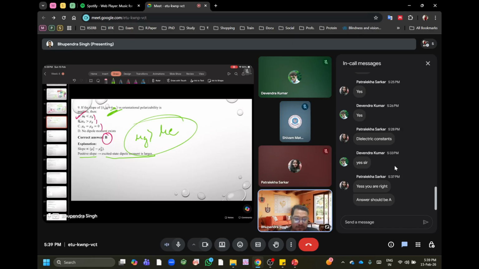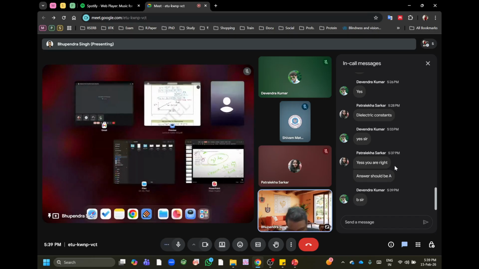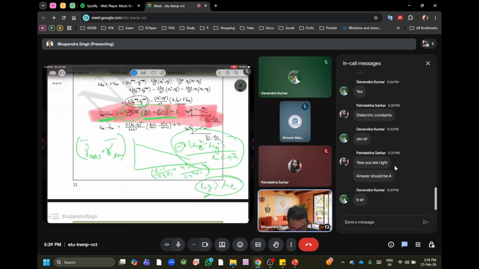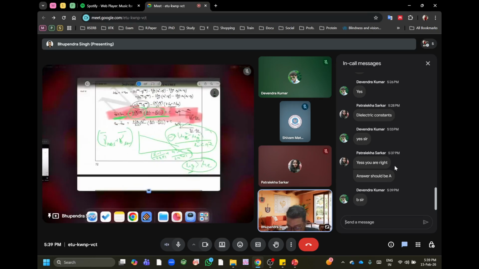Because as we have seen in the lecture note, slope is not just directly proportional to this. Slope is negative, and something here is c square, some fraction, and 2 is also up in the numerator.